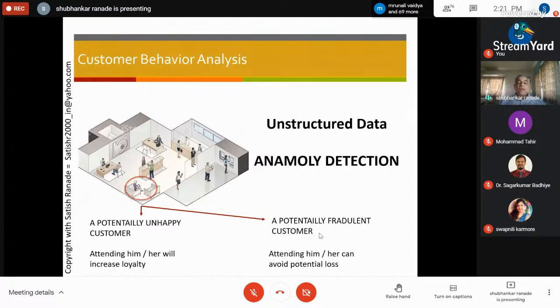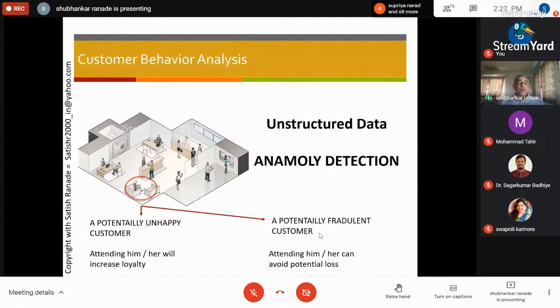So when this video analysis is done at the back, which is unstructured data, so frame by frame, this data is processed, and the data processing algorithm gives an insight that there is an individual who is showing anomalous behavior, that he has not moved from his chair for last 15 minutes. So this is an insight that the anomaly detection algorithm has given by processing unstructured data in the form of a video.